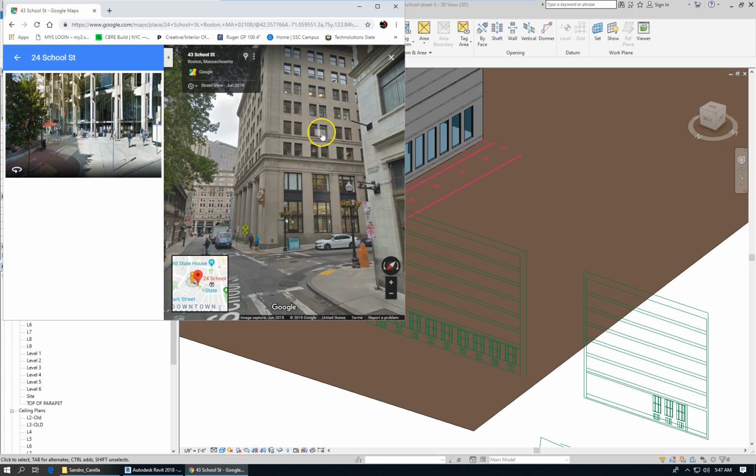So let's see what we can do about that. Well, we know this is the old level. This is L3 old, right? At that point, L3, L4, L5, L6, L7, L8. It's got to fit within the height of the floor-to-floor space, and there's probably a significant sill. I'm going to guess 3 feet.